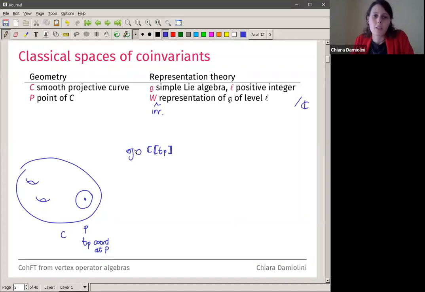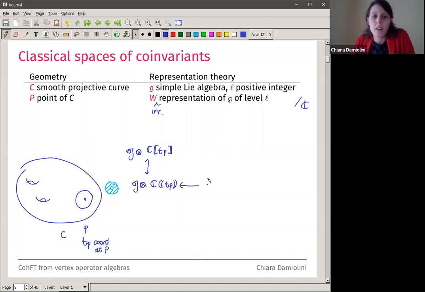And I can tensor the Lie algebra, extending the coefficients, and this is another Lie algebra, which naturally sits inside another, slightly bigger Lie algebra, where I can actually invert the coordinate. So this would correspond, let me maybe change the color, to the disk where I removed the point. I'm removing the origin from the disk.